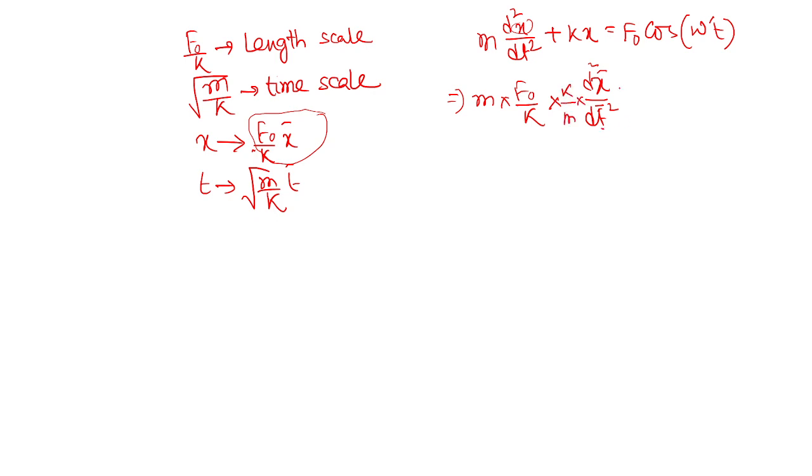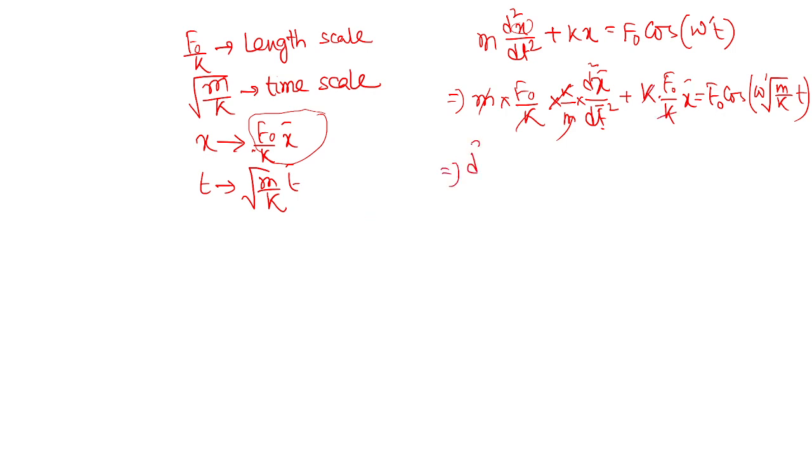And here we have kx, so we replace x with f0 by k x bar, which will be equal to f0 cosine of omega prime root under m by k t bar. So these terms will cancel out, and f0 will be cancelled out from all the terms.